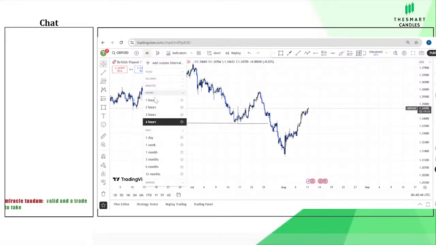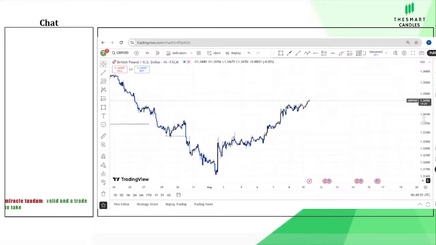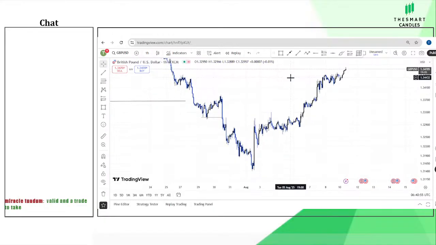So let's go down to the 1 hour price action to actually see what is happening on 1 hour. On 1 hour price action, I can see we had a break to this point.